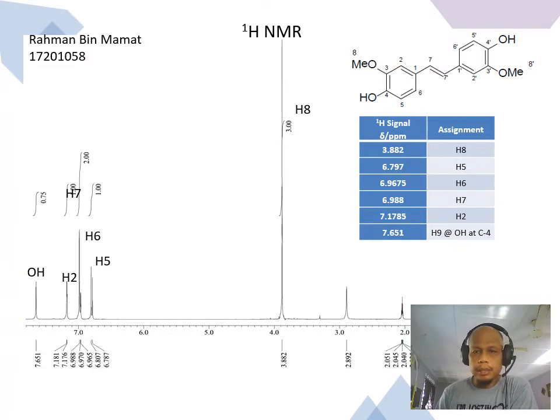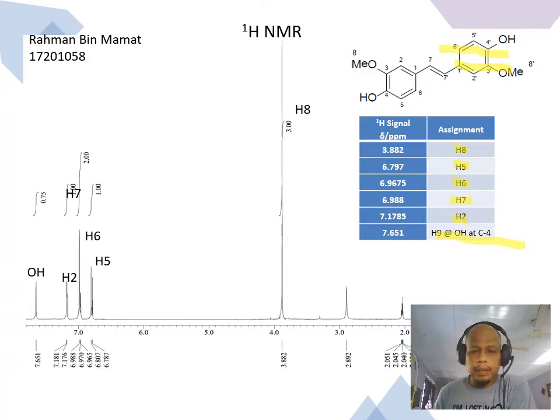As you can see, this compound has a similar chemical shift to each of these two compounds. So from here, I can detect 1, 2, 3, 4, 5, 6 signals of this compound.